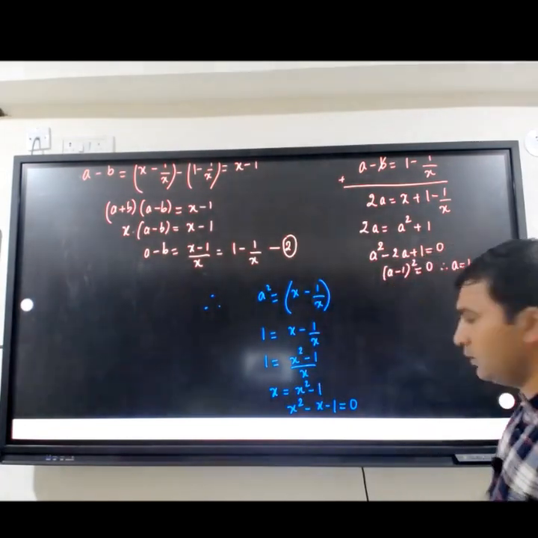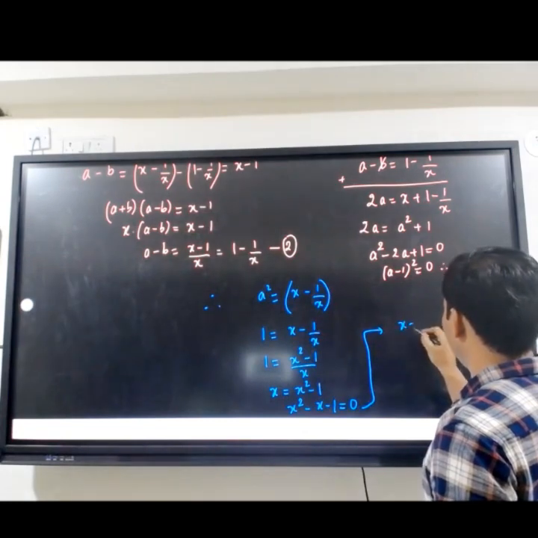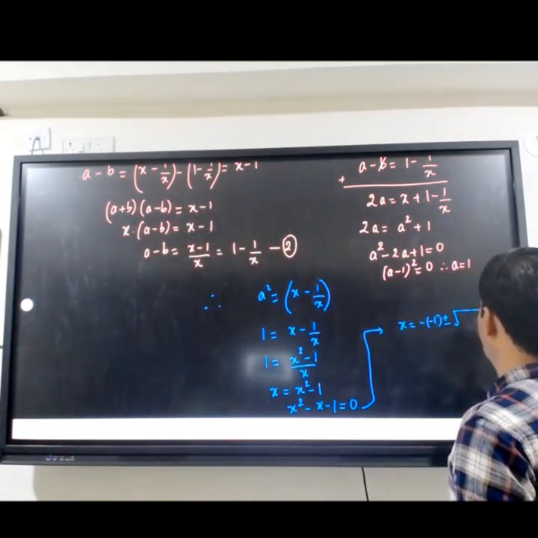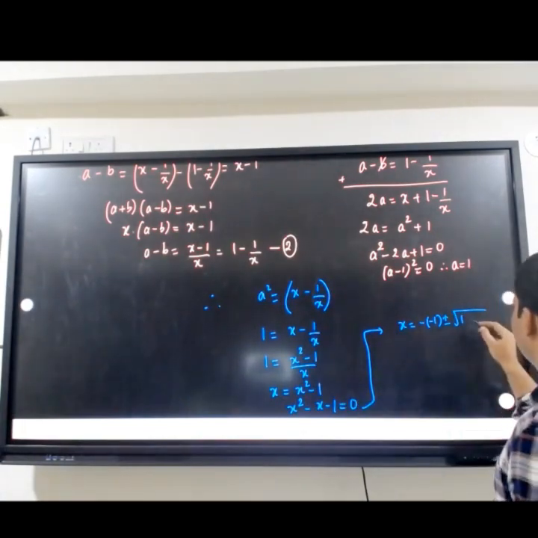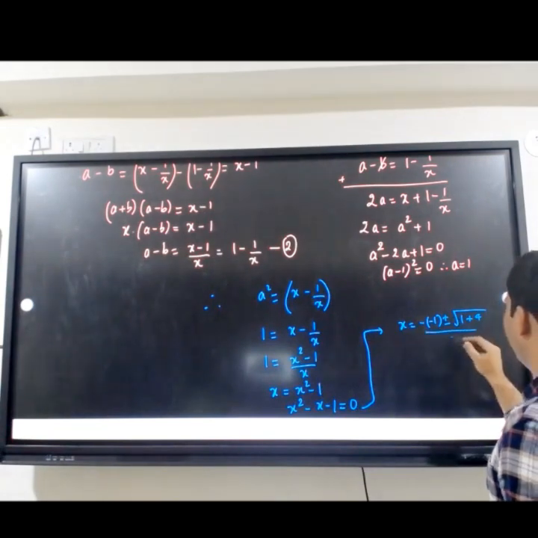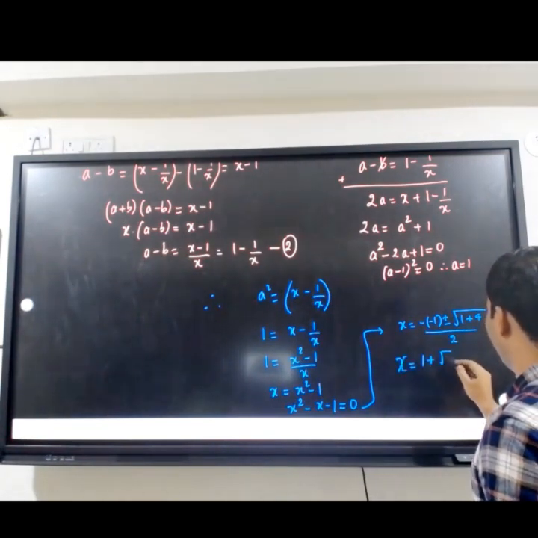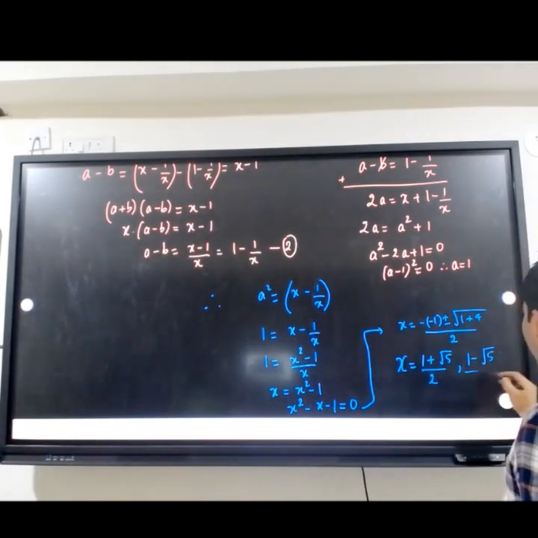This is what we will get. Now when we solve this further, we will get x = (−(−1) ± √(1 + 4))/2. So we get two values of x as (1 + √5)/2 and (1 − √5)/2.